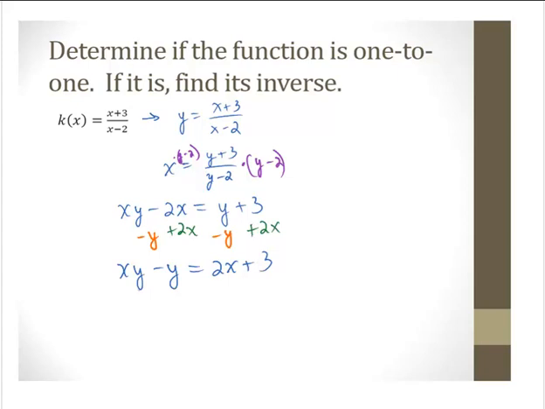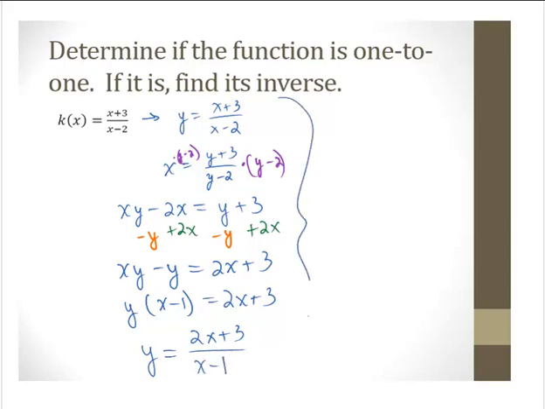Now notice I have a common factor of y on the left-hand side, so I can write that as y times x minus 1, and the right-hand side is 2x plus 3. Dividing through by x minus 1, y equals 2x plus 3 over x minus 1. So then putting that all together, k inverse of x is 2x plus 3 over x minus 1.